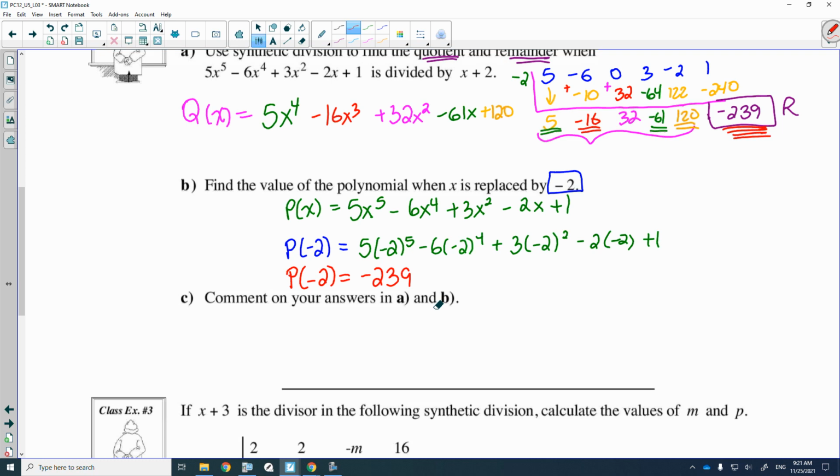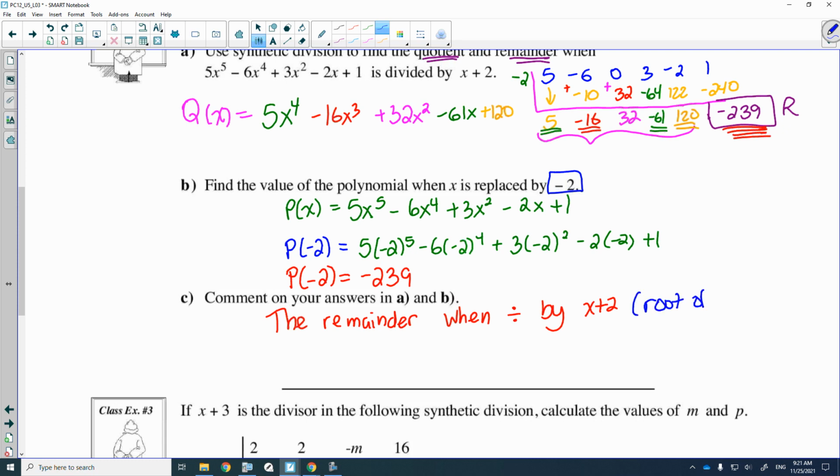So you'd say the remainder when dividing, just put your little division symbol, the remainder when dividing by x plus 2, and then in brackets put root is equal to -2, or root of -2, right?